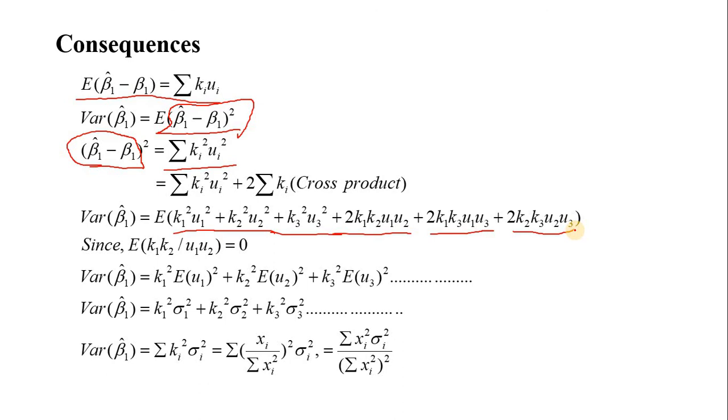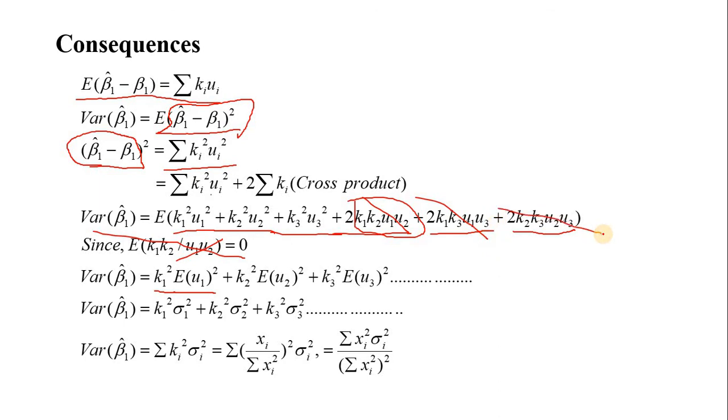So here, using the property of no autocorrelation, the expectation of k1 k2 u1 u2 will become 0. So what will happen? Only k1 square u1 square remains; these cross terms go.